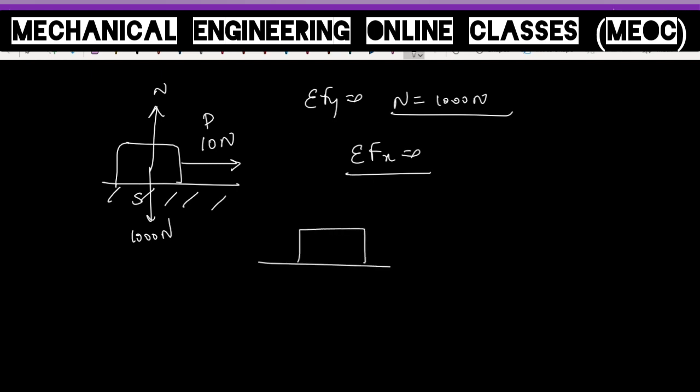But unless there is some force acting opposite to this 10 Newton force, which means leftward, because P which is given is rightward 10 Newton, there must be a 10 Newton force here acting parallel, equal and opposite to P. Unless and otherwise the object is in equilibrium, right? The object is not moving, it is not sliding. So sigma Fx must be equal to 0.